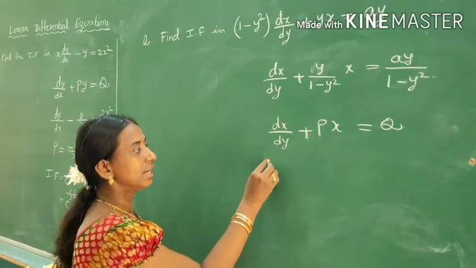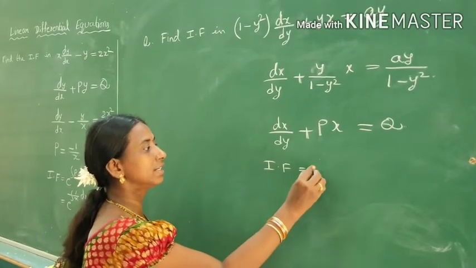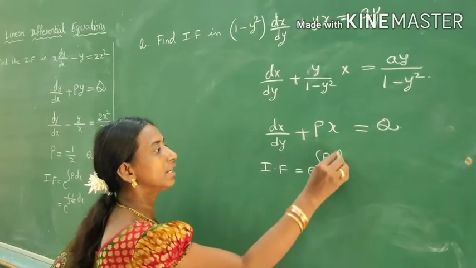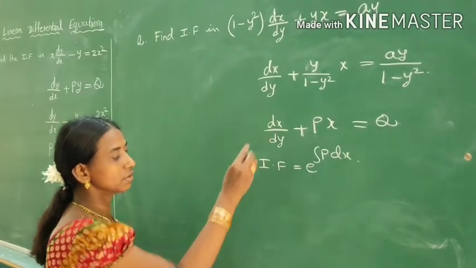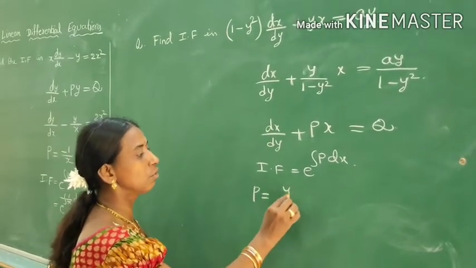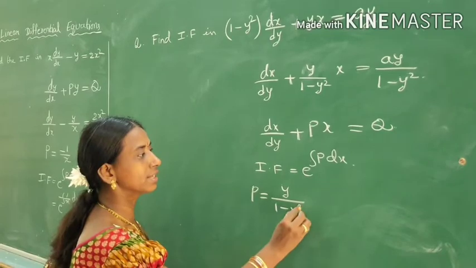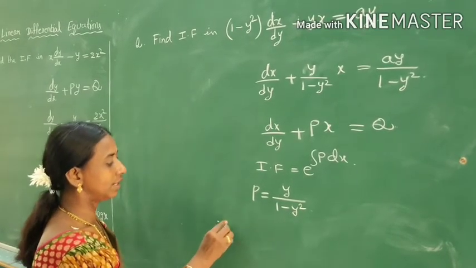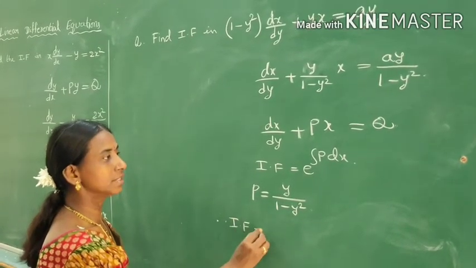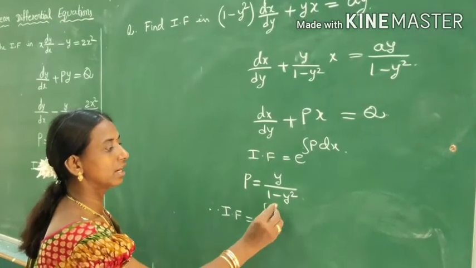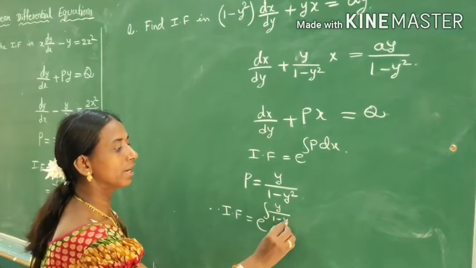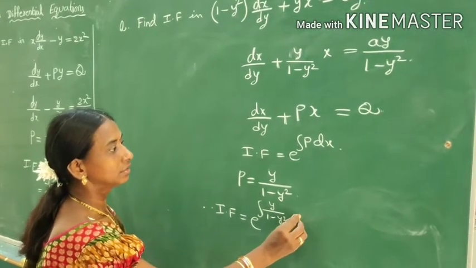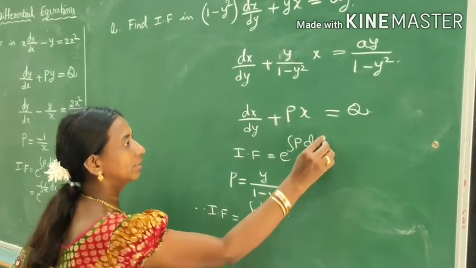Then in this case, the integrating factor is written as e power integral p dy. So from the question, p is equal to y by 1 minus y square. Therefore, our integrating factor becomes e power integral y by 1 minus y square dy.